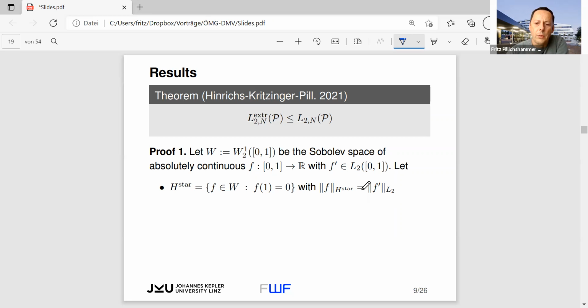As norm, we use the L2 norm of the first derivative. And the second class is the class H extreme, very similar, with one extra condition, consisting of all functions f from W that vanish in 0 and in 1. And again, as norm, we use the L2 norm of the first derivative.